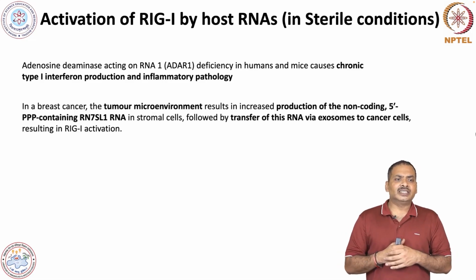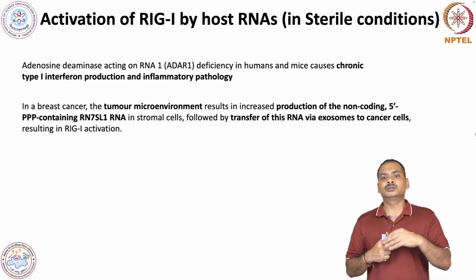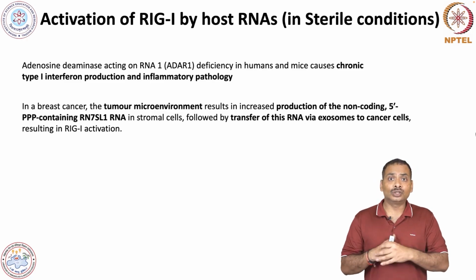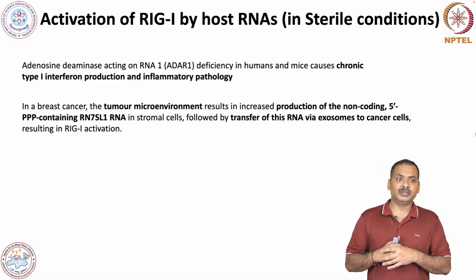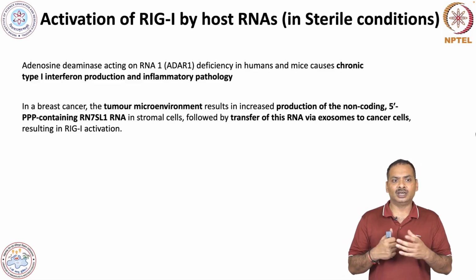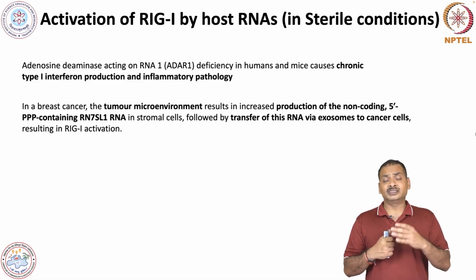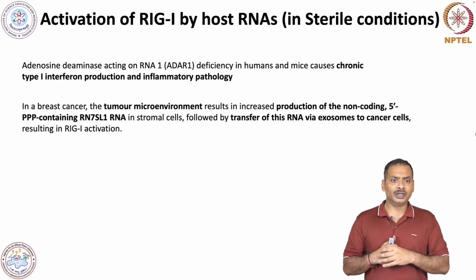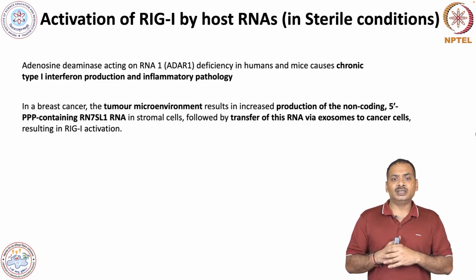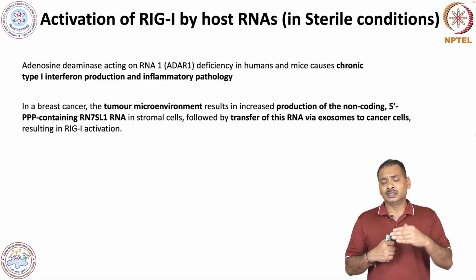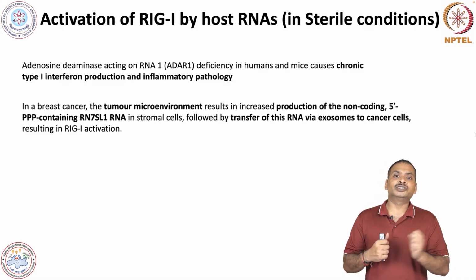There is evidence that in breast cancer the tumor microenvironment results in increased production of non-coding 5' triphosphate containing RNA, that is RN7SL1, in stromal cells, followed by transfer of this RNA via exosomes.